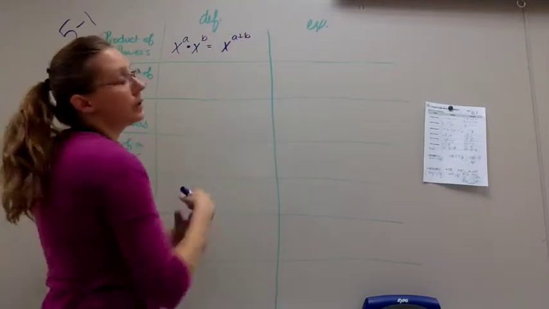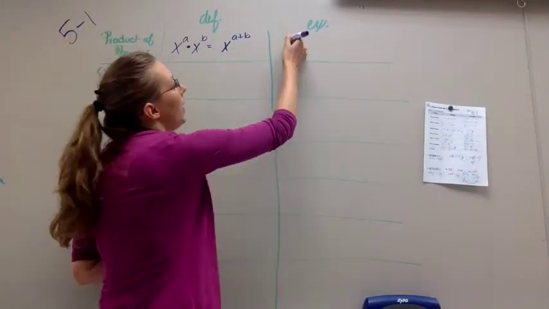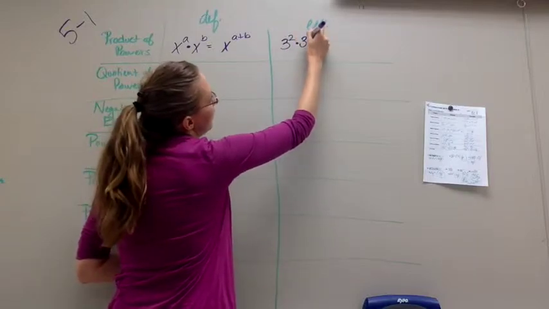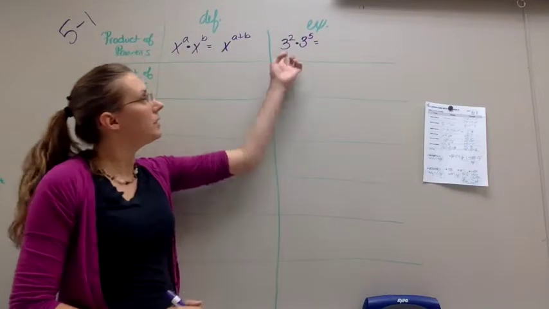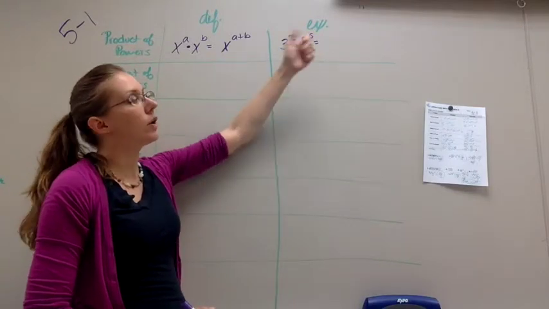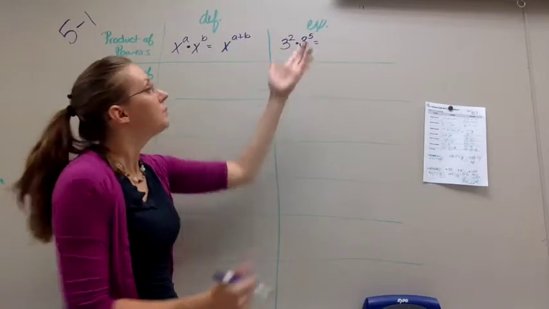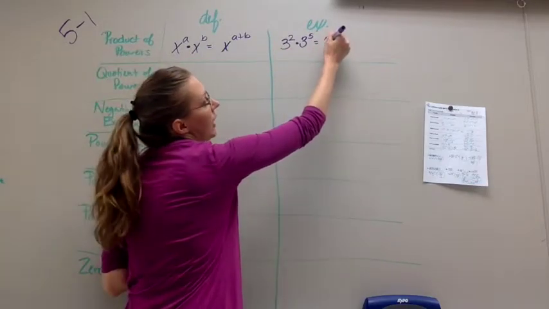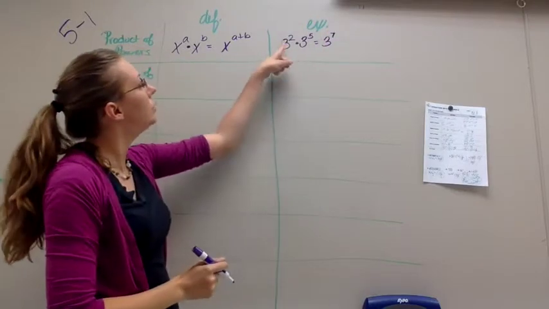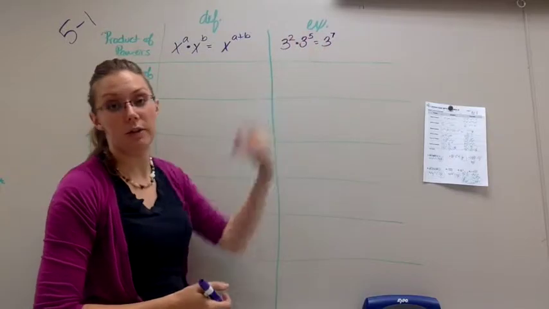So for example, if we use all numbers, 3 to the second power times 3 to the fifth power, we could plug these into our calculator and solve it, right? 3 times 3 is 3 squared, or 3 times 3 times 3 times 3 times 3 would be 3 to the fifth. Or if we just want to simplify it, save some time, it would be 3 to the seventh power. We would do our 2 plus our 5. And then we could plug that into the calculator. That's going to be even quicker.